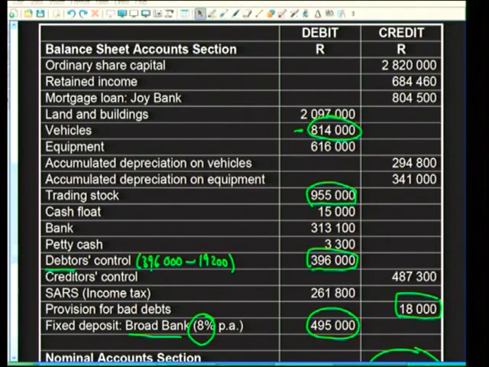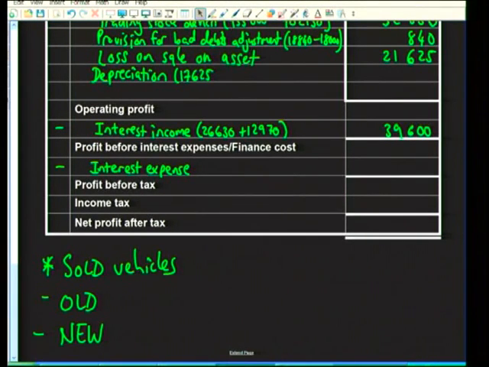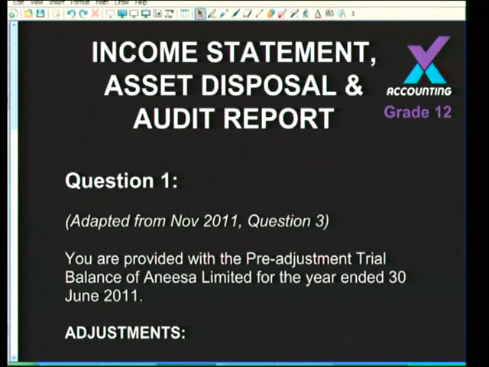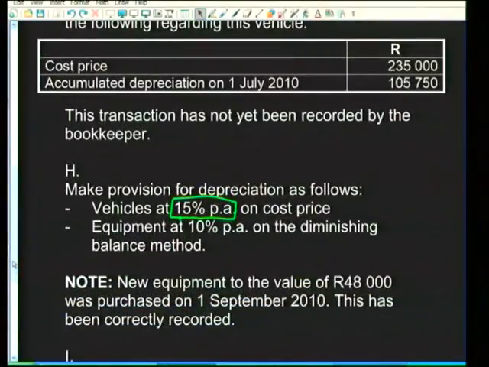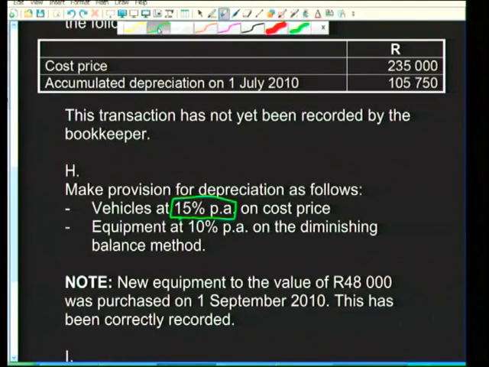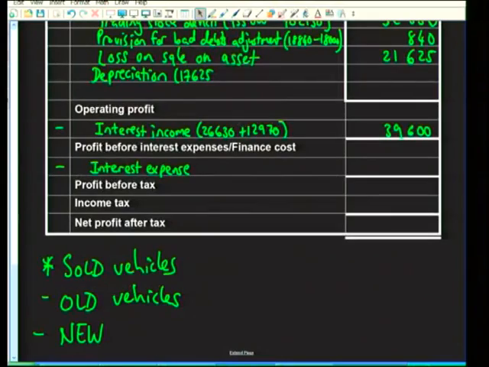We're now going to calculate the depreciation on the old vehicles. It's an easy calculation if you know how. We know that vehicles are depreciated on the cost price. It tells us in the list of adjustments that vehicles are depreciated at 15% per annum on the cost price. So our cost price that we began the year with was the number I asked you to remember of 814,000. But now the problem is that we don't have 814,000 Rands worth of vehicles anymore.